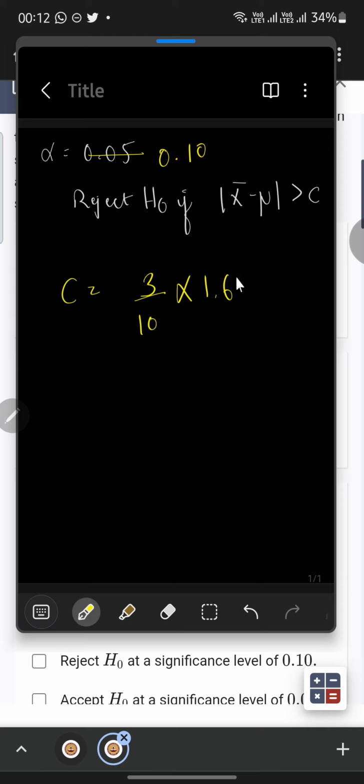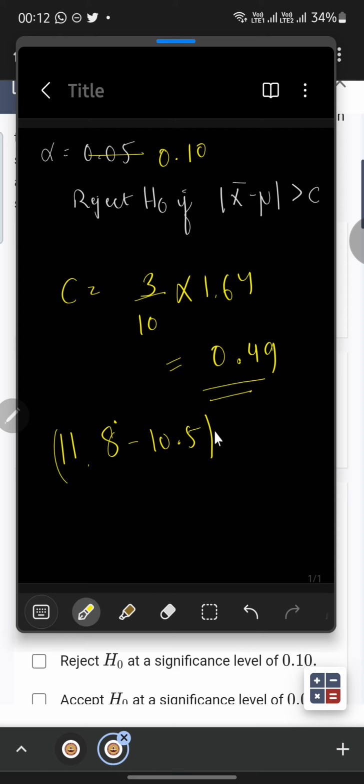into 1.64, which would be approximately, let me again use the calculator, 0.49. So again we can say that 11.8 minus 10.5 is greater than c, which is 0.49. We can say that B option is correct.